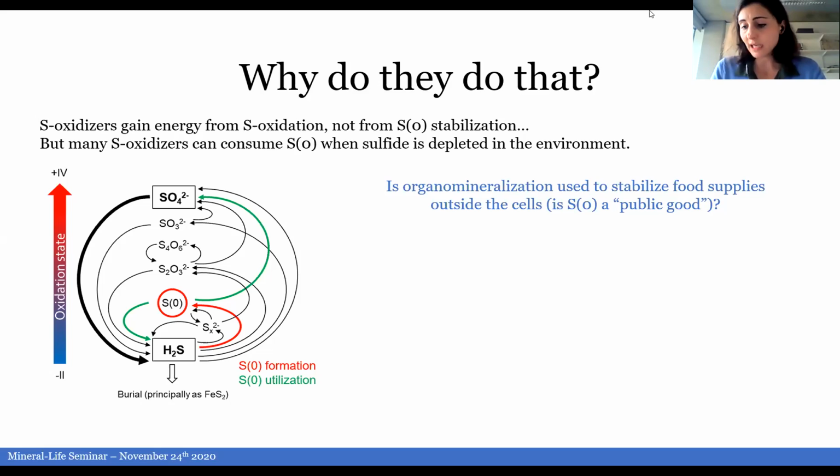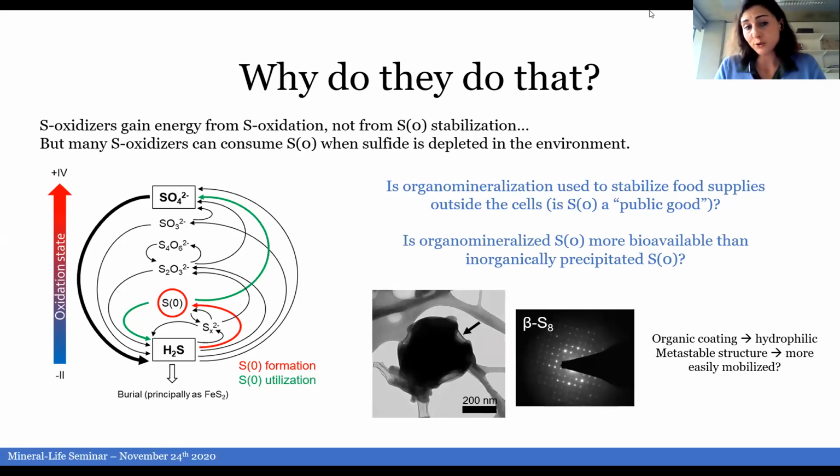And if they do that, they have a significant fitness advantage because they're economizing energy. So they should rapidly take over in the population, and the population should stop producing extracellular sulfur. So I'm hoping that this is something we can test in the laboratory and maybe really try to confirm this hypothesis that elemental sulfur is a public good.